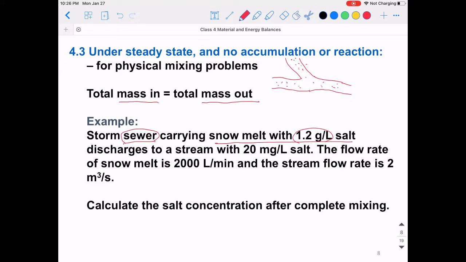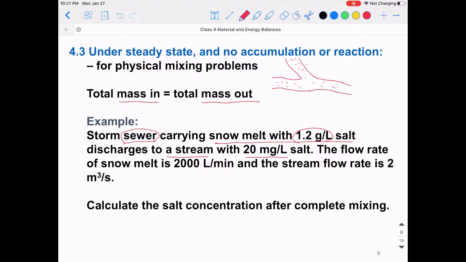For example, in a parking garage you have a higher concentration of salt, and it gets collected by these storm sewers. Then it can further mix with the stream, right? The stream is going to have a lower concentration of salt.